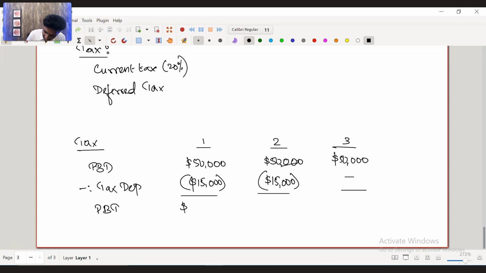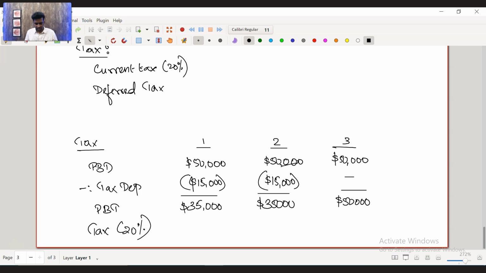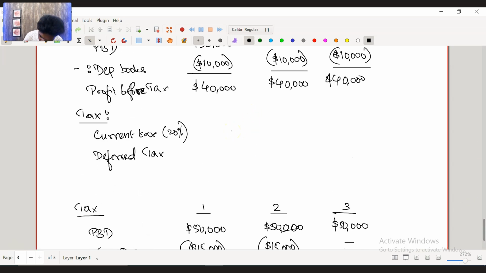Here it will be 50 minus 15, which will be 35,000, and here this will be 50,000. So what is your tax? Tax at 20%: 35,000 into 20% is 7,000, and 50,000 into 20% is 10,000. This is your tax amount. So let's say your tax in the first year is 7,000. See, it's lower, right?